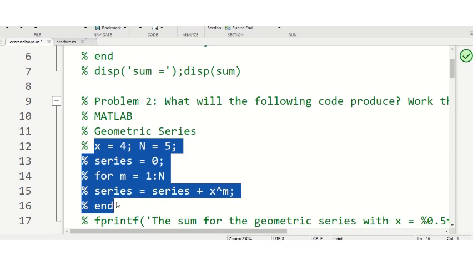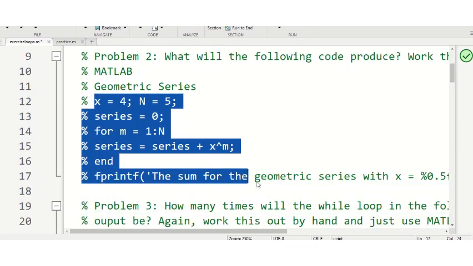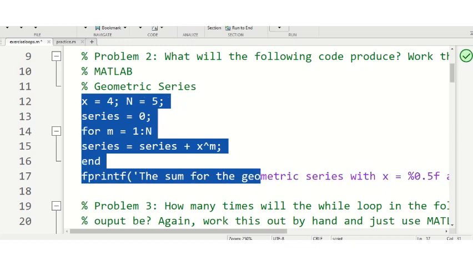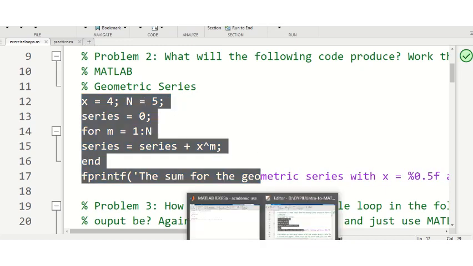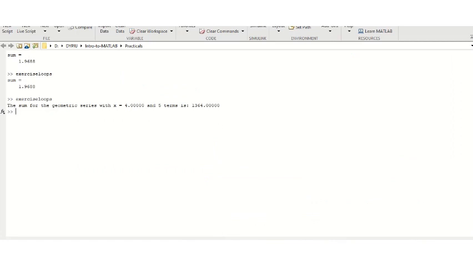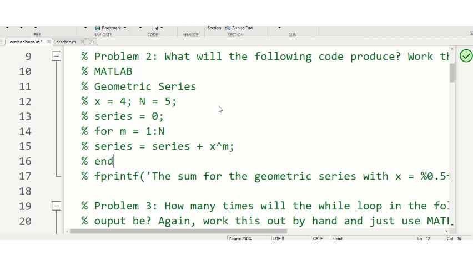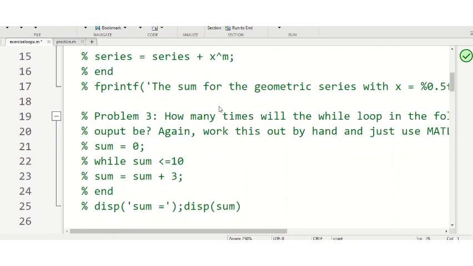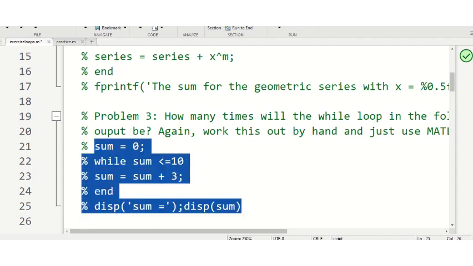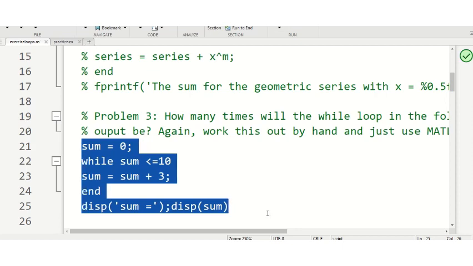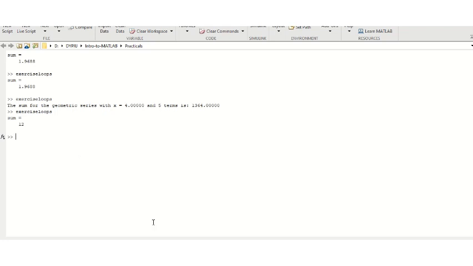We are getting more than 1000, 1364. Next, in the third problem, how many times the loop will work and what is the final value? 4 times it is running, and the sum is equal to 12.